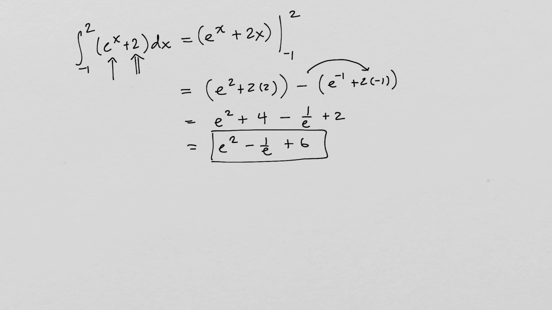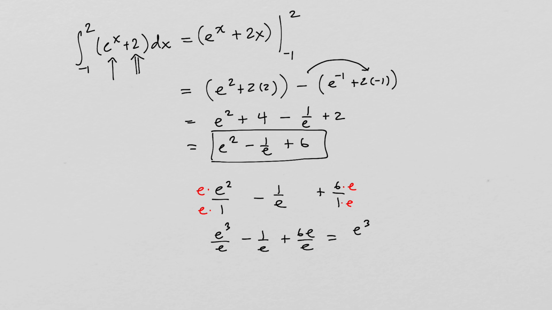Sometimes what you will see, though, is that they will combine the answers. So what they'll do here is they will get a common denominator. So they'll multiply by e here, they'll multiply by e here, and what you get is e cubed over e minus 1 over e plus 6e over e.